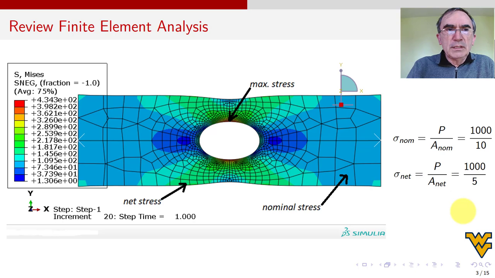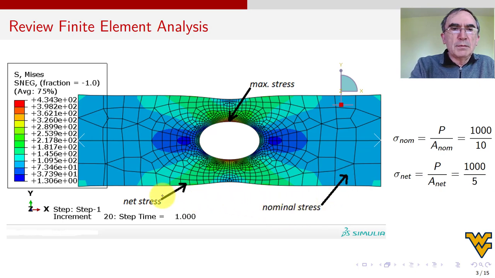All right, so you've seen this picture before. This is the finite element analysis model for the bar with a hole, where we identify the stresses and we check that those stresses coincide with mechanics of material formulas, like for example, the nominal stress. Then we calculate here 100. And the net stress, we calculate here 200, and we identify these points.